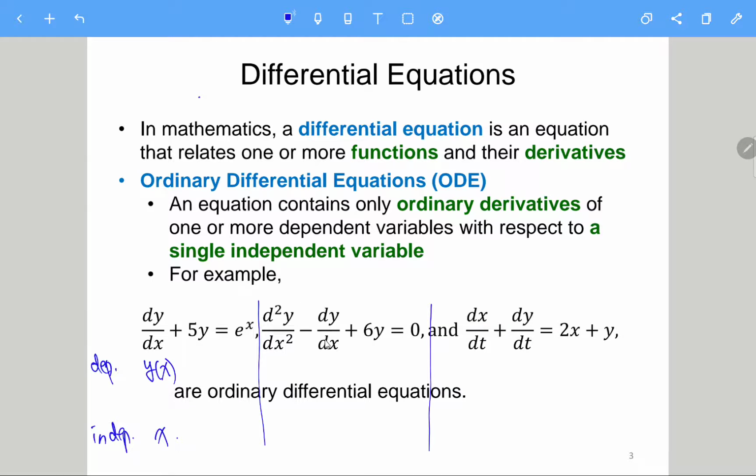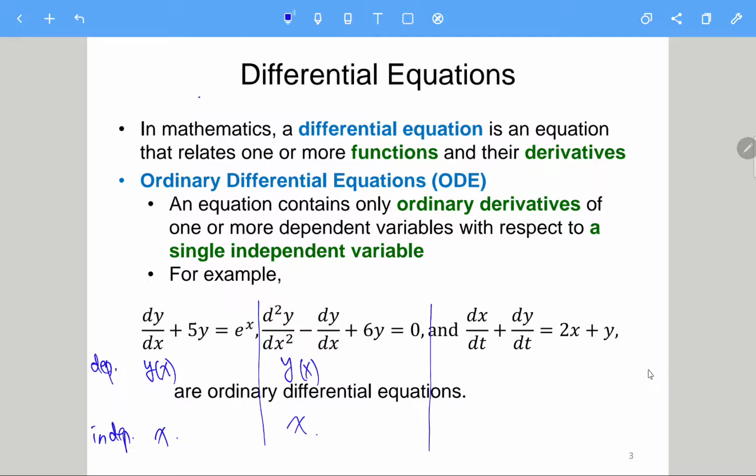So in this one, y is still the dependent variable. y is a function of x, and x is the independent variable. So we will say the first derivative of y with respect to x and the second derivative of y with respect to x.